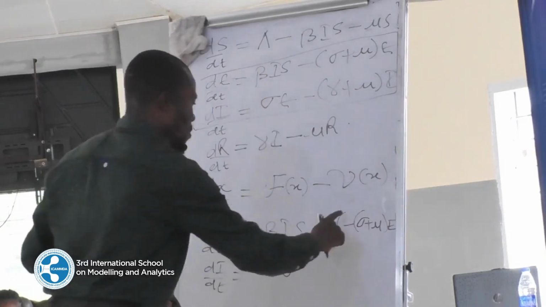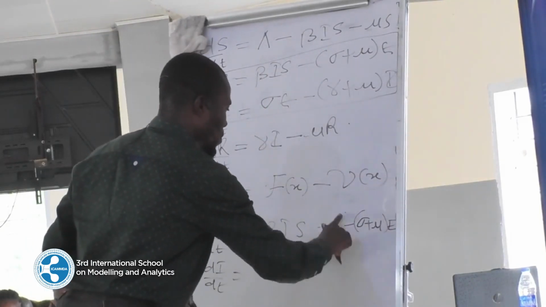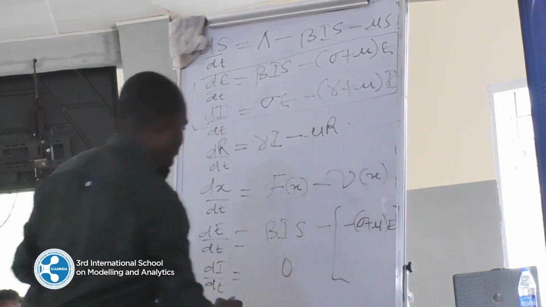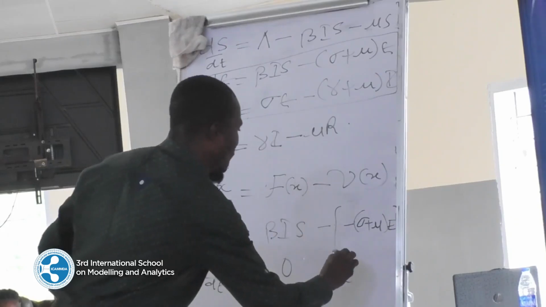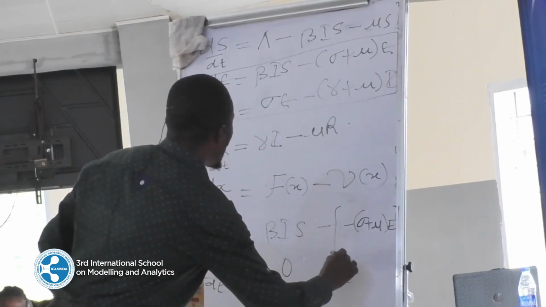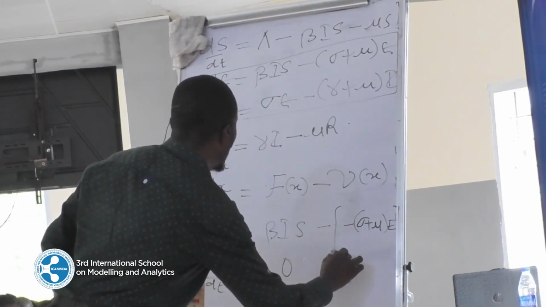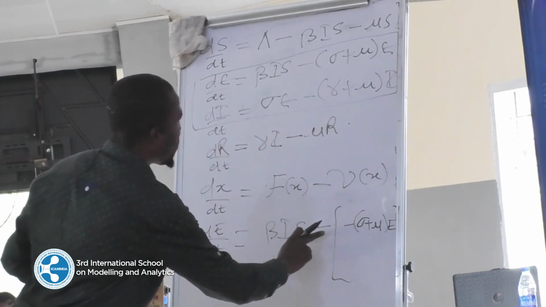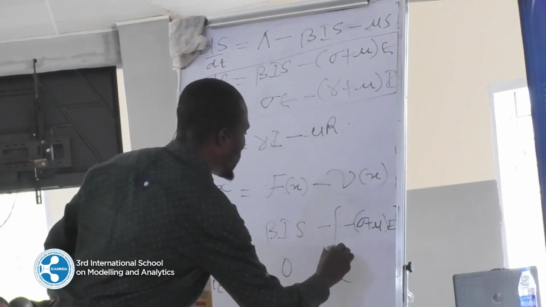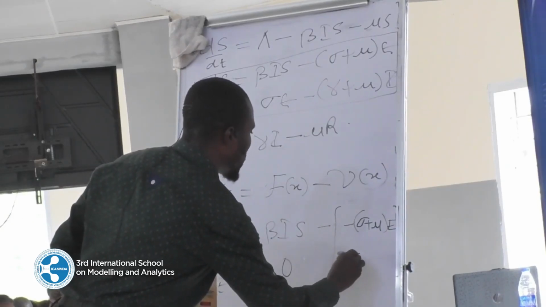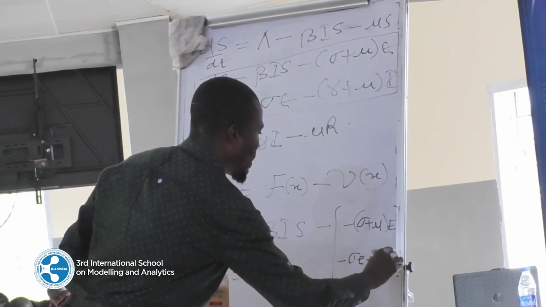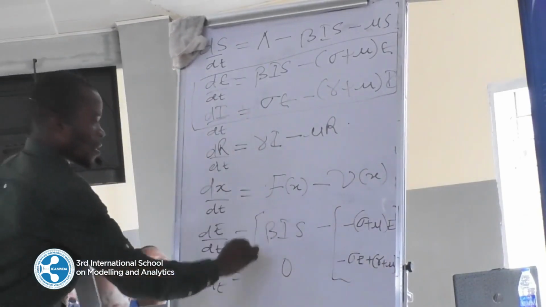Let me remove this. Then this is 0. If I keep the minus out, this one becomes minus sigma E plus gamma plus mu times I. Is that correct?